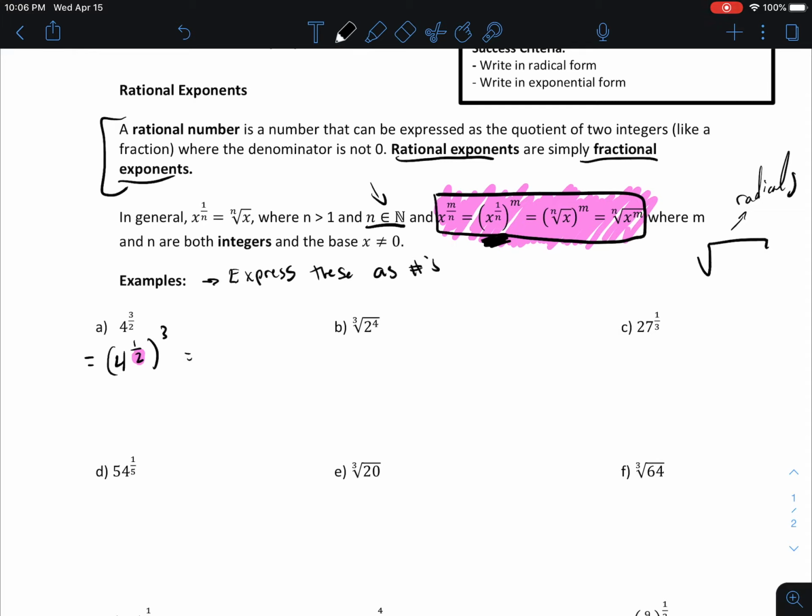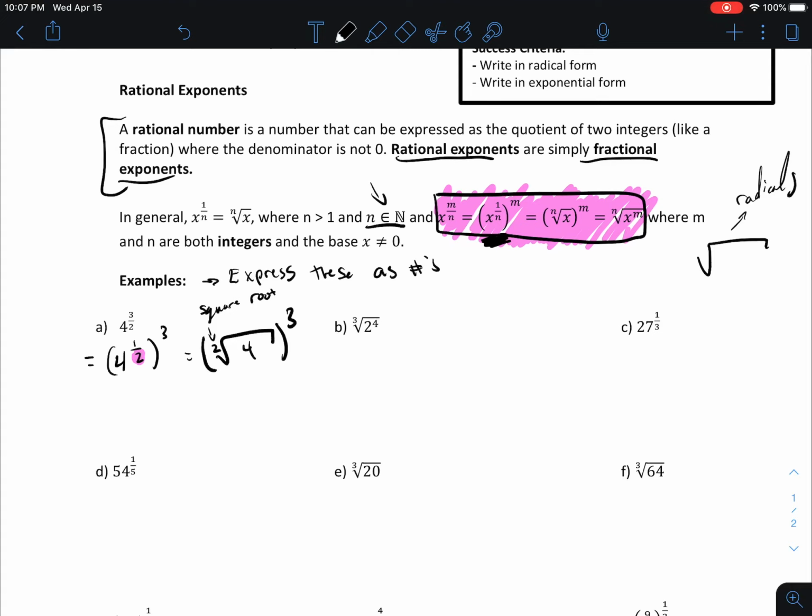So what I'm going to do is rewrite this thing. This is actually the same thing as saying the square root, since the 2 implies square root, and then all of this is cubed.